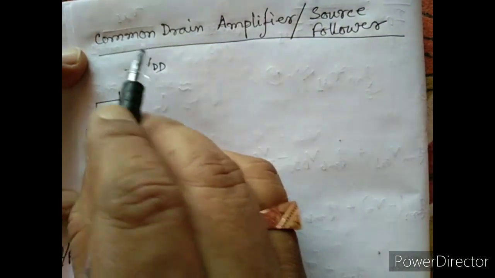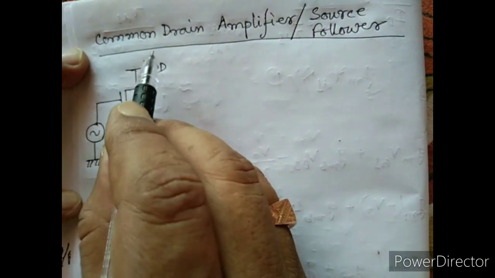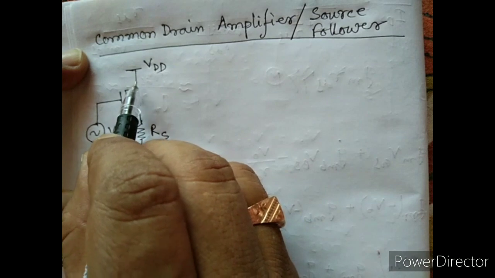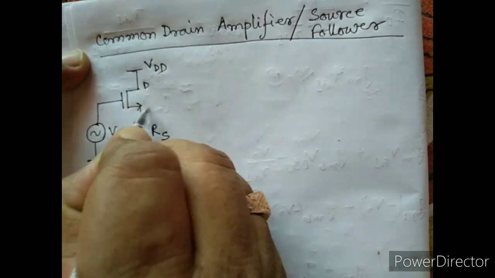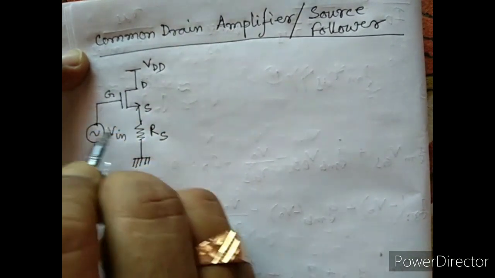Now why does the common drain say common drain? Because this is the drain terminal, this is source, this is gate terminal, and the drain is common.